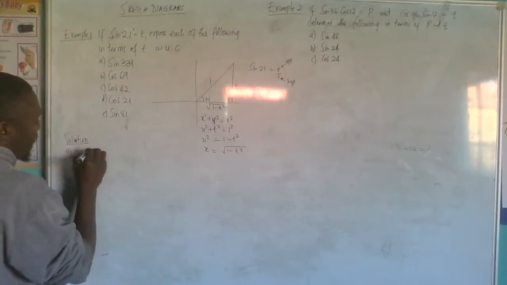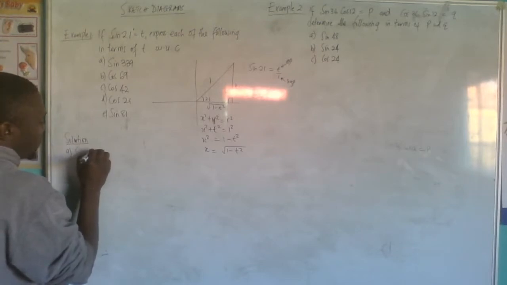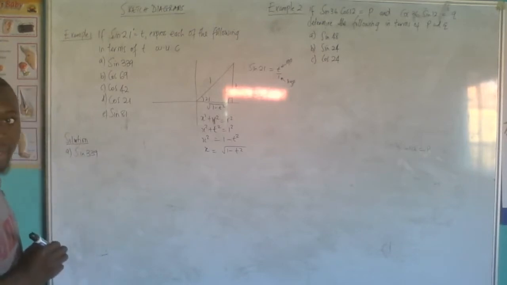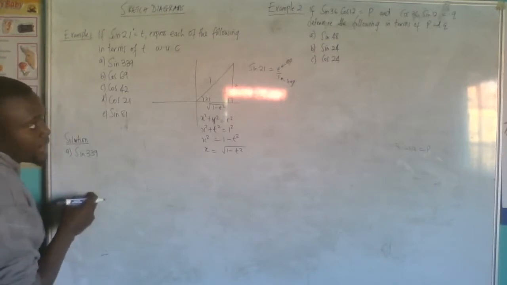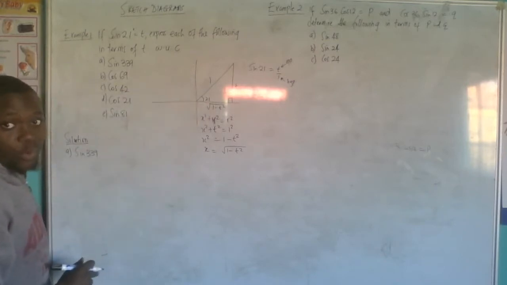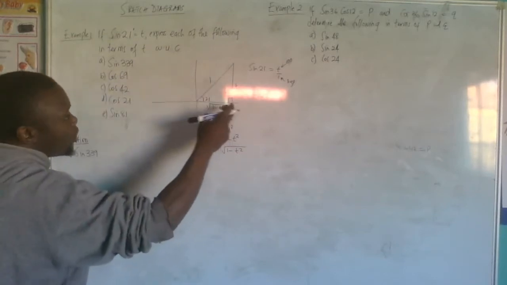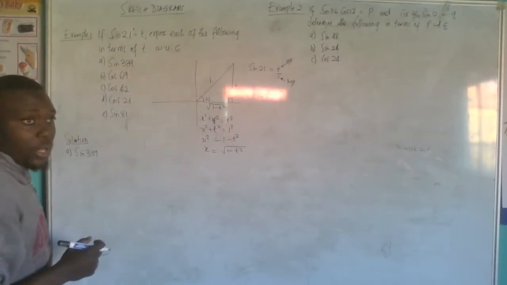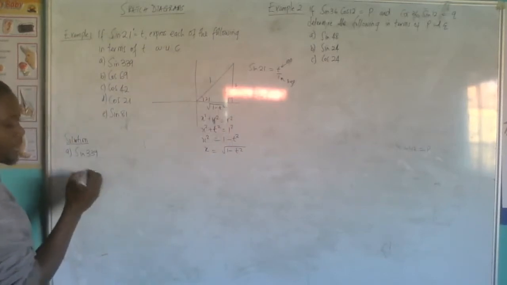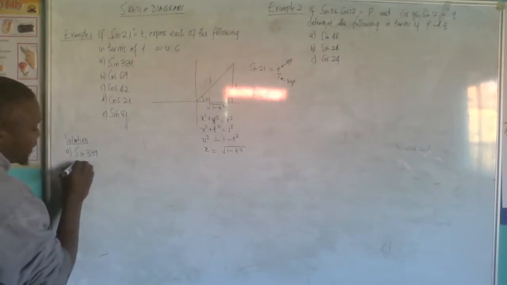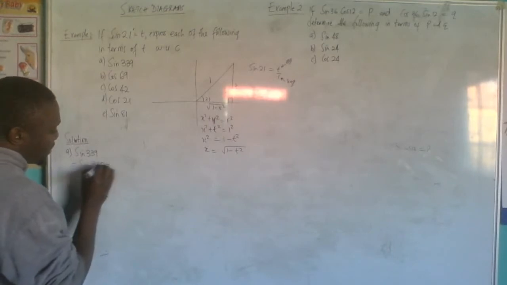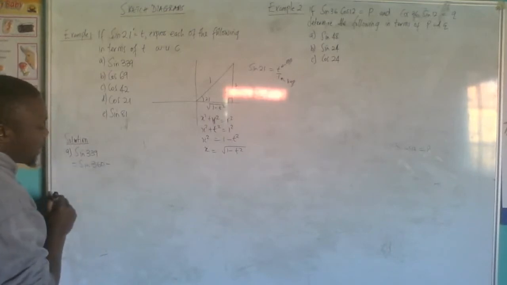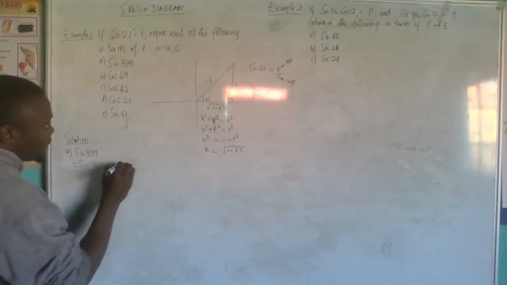A, which is sine 339. So sine 339, remember, this angle lies in one of the quadrants. But which quadrant? It lies in quadrant number 4. So in quadrant number 4, from our reduction, remember, this is also presented as 360 minus something. What is that? Minus 21.